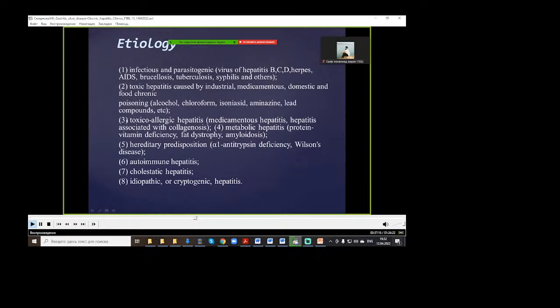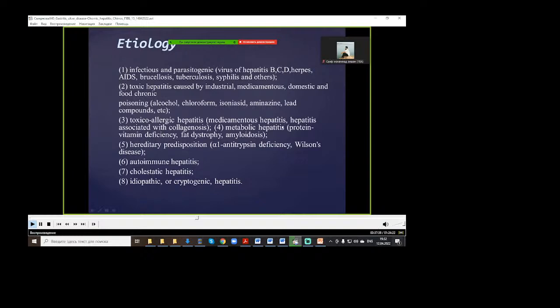Next type of chronic hepatitis, toxic allergic. It also may be medicamentosus, or it is hepatitis associated with systemic diseases of connective tissue.